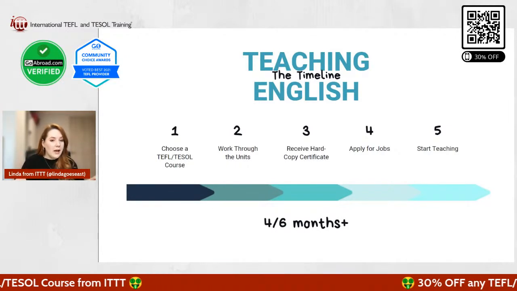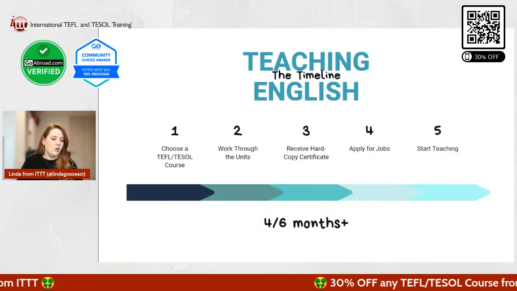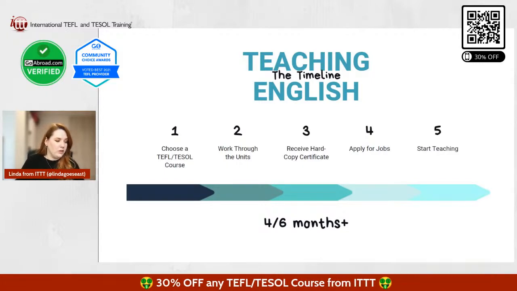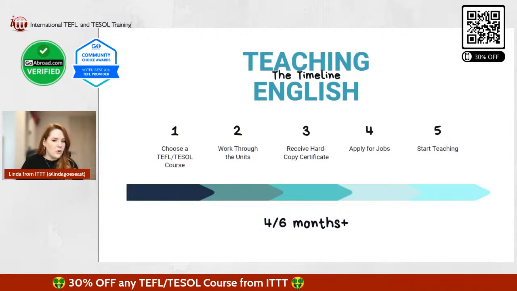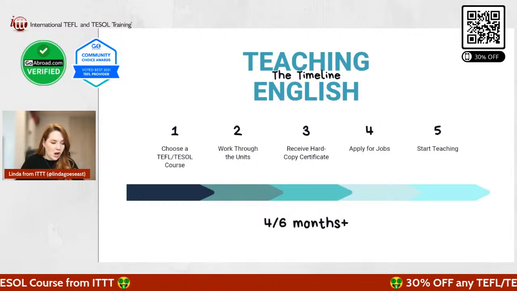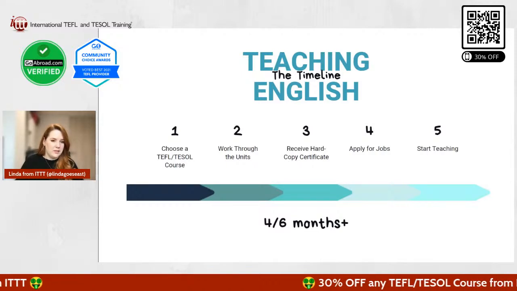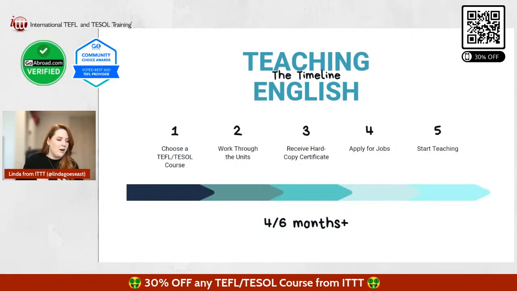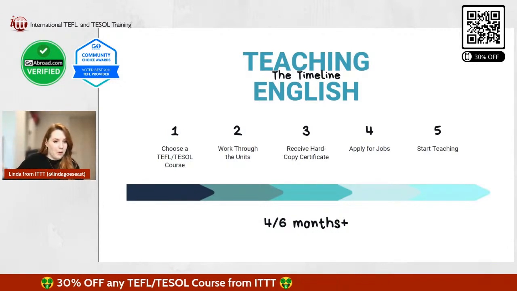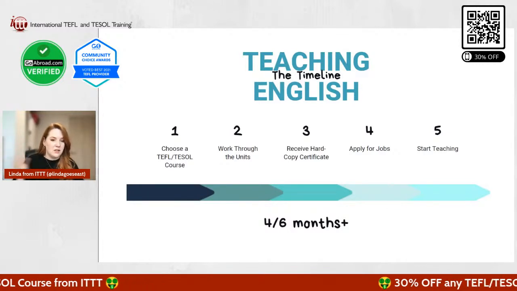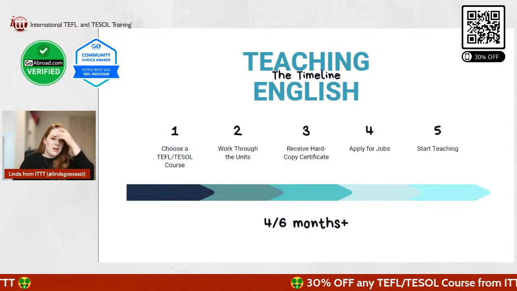For teaching online, it can go much faster. So 4 to 6 months is a good timeline for teaching online. It goes really fast. There also is an application process for most teaching online jobs. But obviously you don't need to worry about visa stuff, documents, apartment hunting, booking your plane ticket and traveling to another country, because it's online.